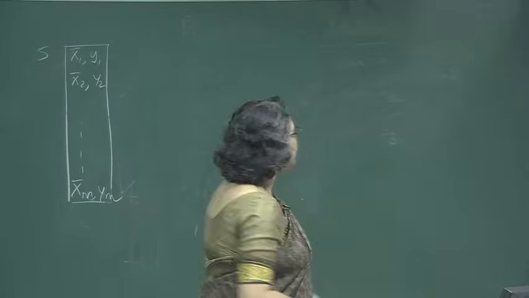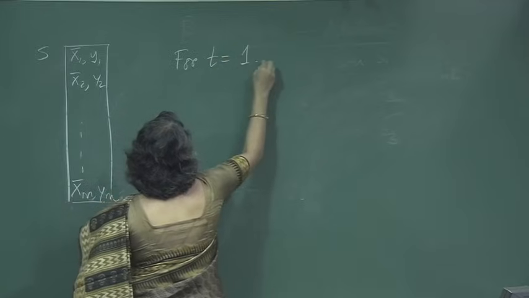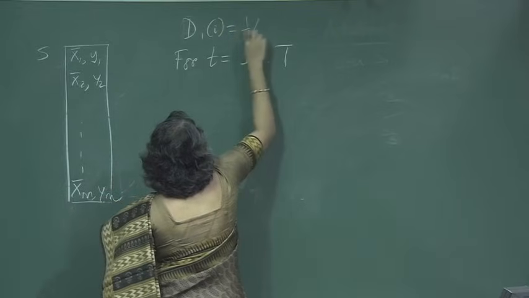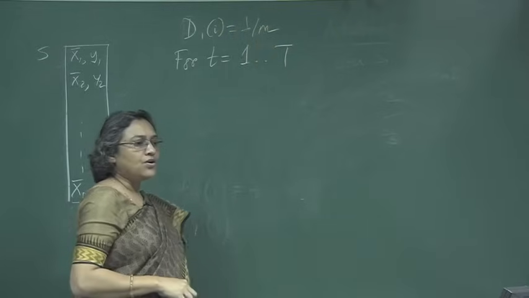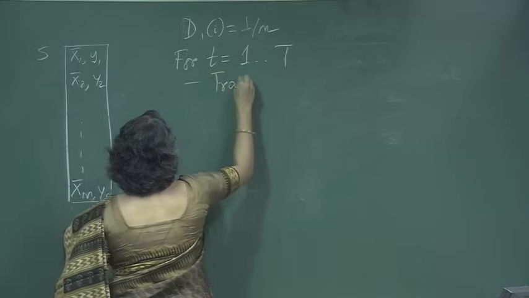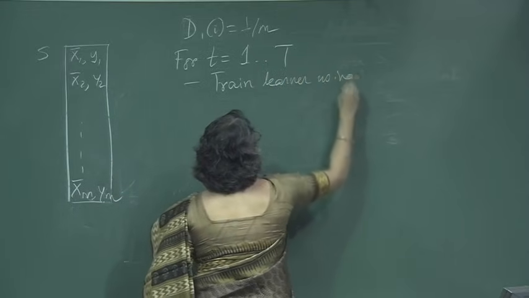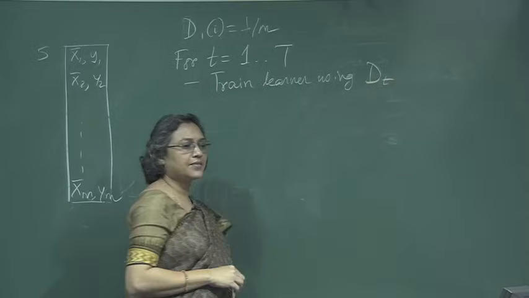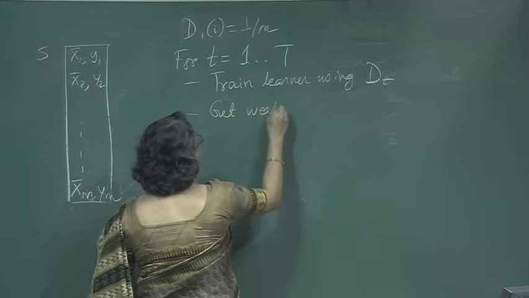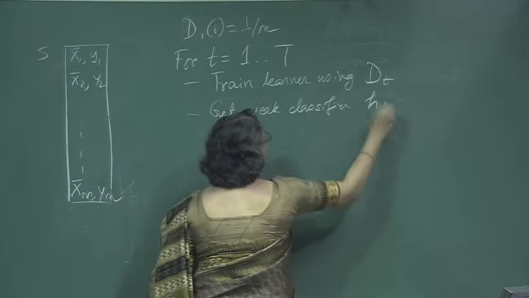Then we run this iteration for t equal to 1 to capital T. We train the weak learner using dt and get a weak classifier. Let us call it ht.